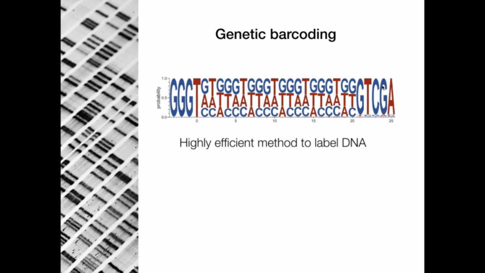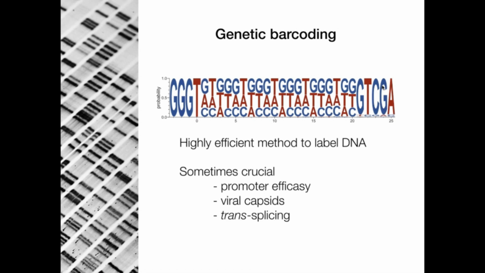So basically, DNA barcoding is a very highly efficient method to label DNA. It's sometimes crucial even if you, for example, want to study promoter efficacy, viral capsids, in our case AAV, or if you want to study, for example, transplicing.